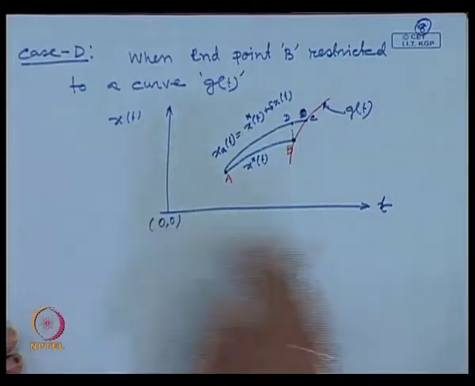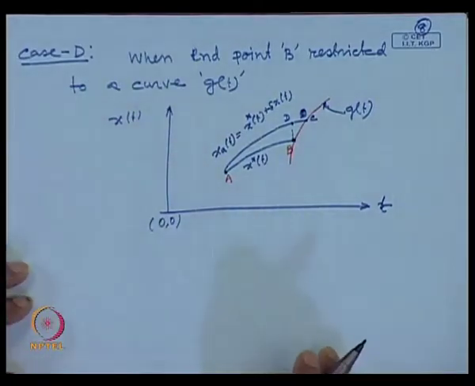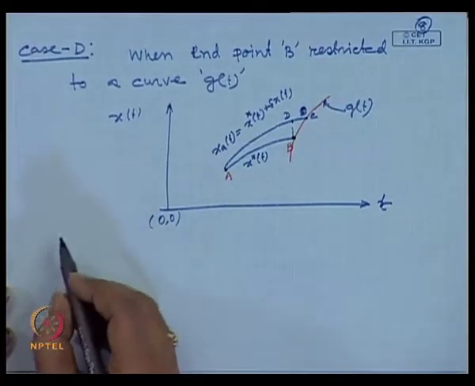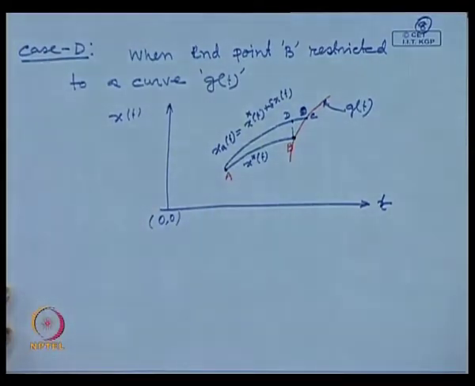Our Euler's condition will remain the same. Now what can we write for this one?